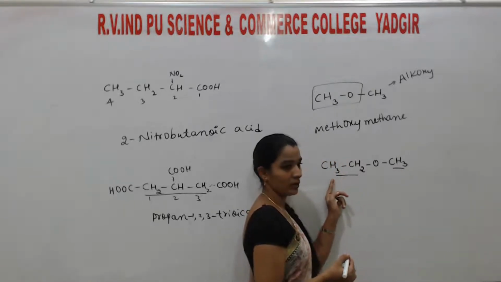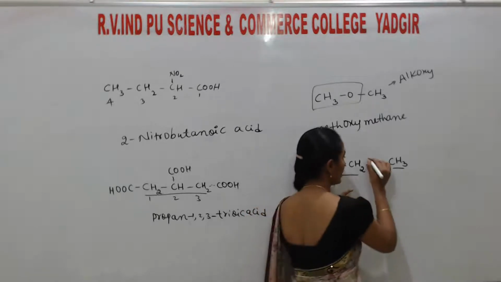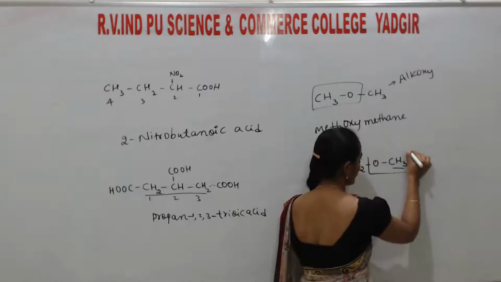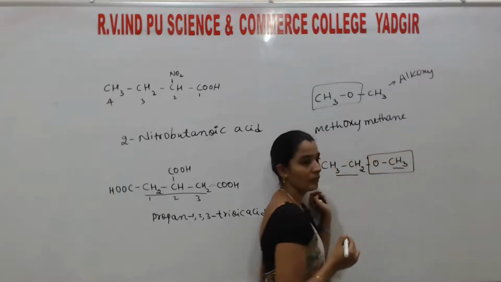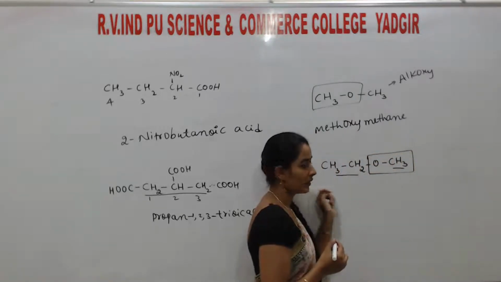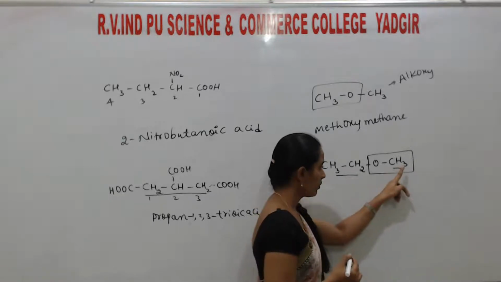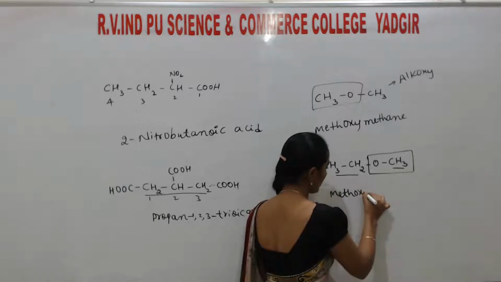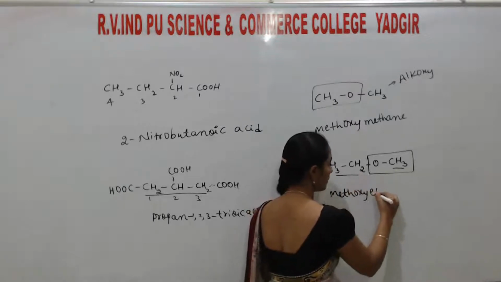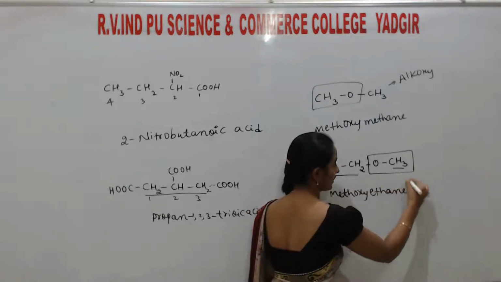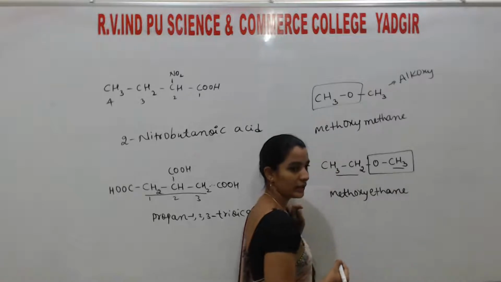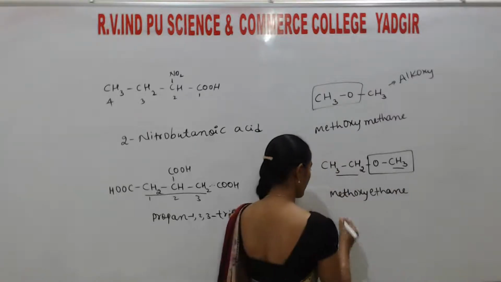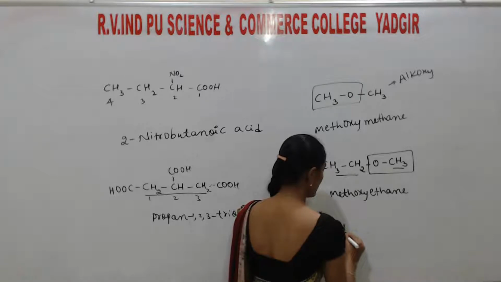The one which consists of a larger number of carbon atoms. Then this becomes the functional group with one carbon atom, that is methoxy. The parent chain here is with two carbon atoms, ethane. Methoxyethane. Understand?